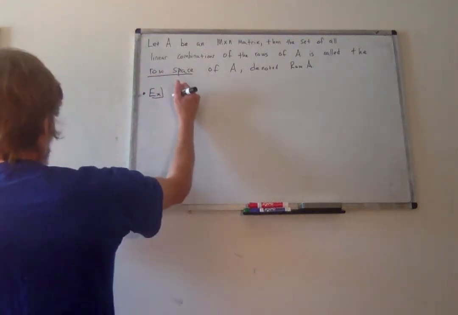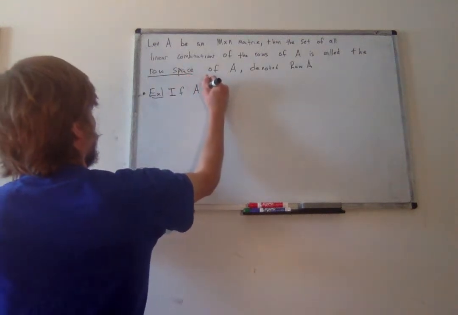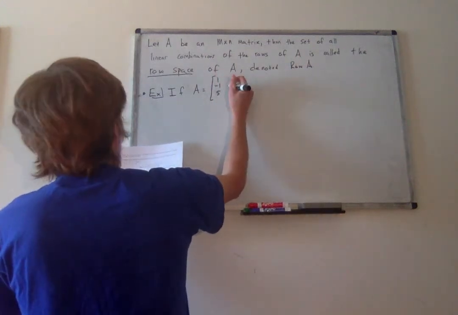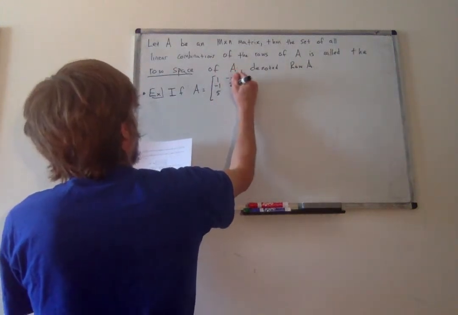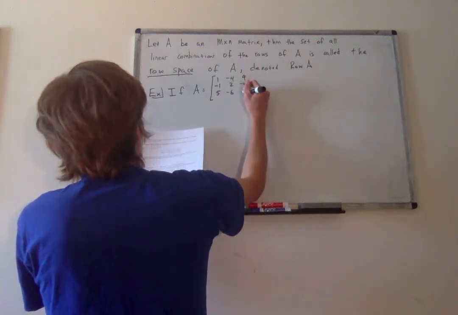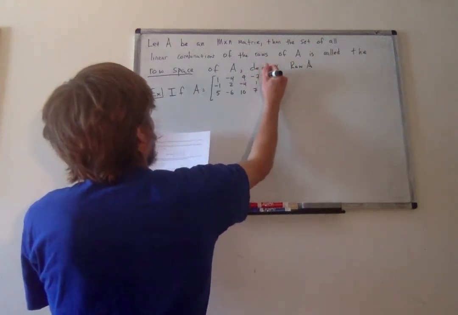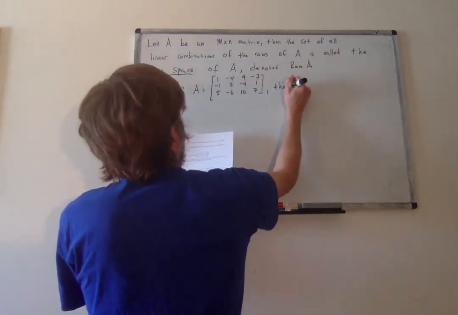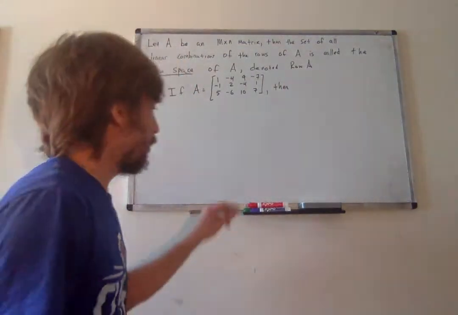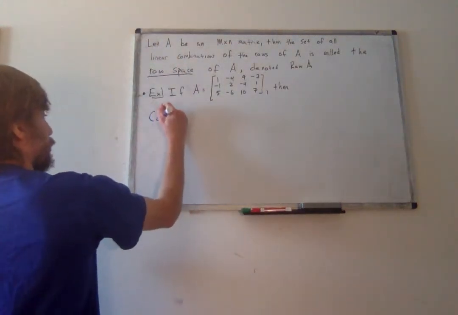And so as a quick example to differentiate, if A is equal to the following matrix, then I'll write out the set of vectors comprising both the column space and the row space.